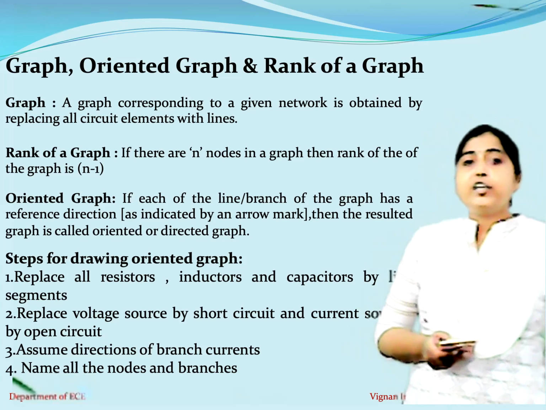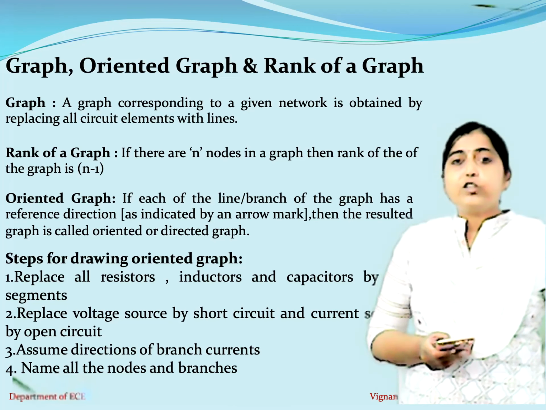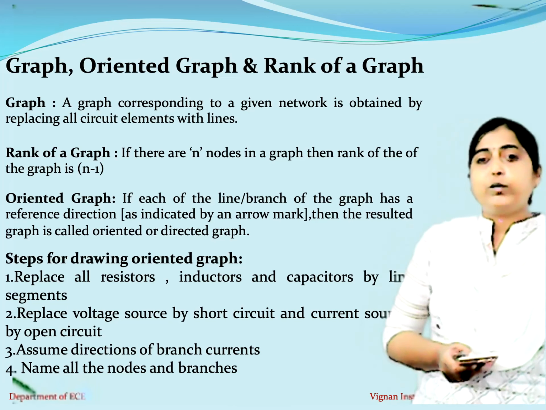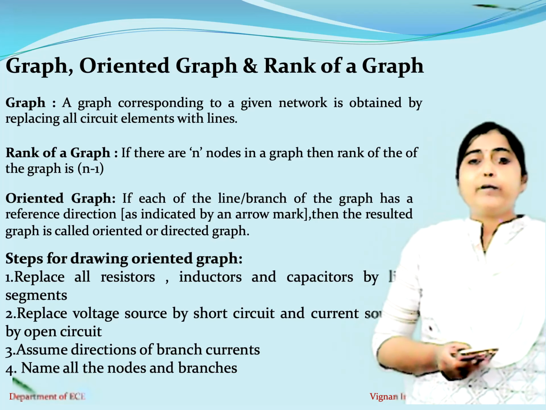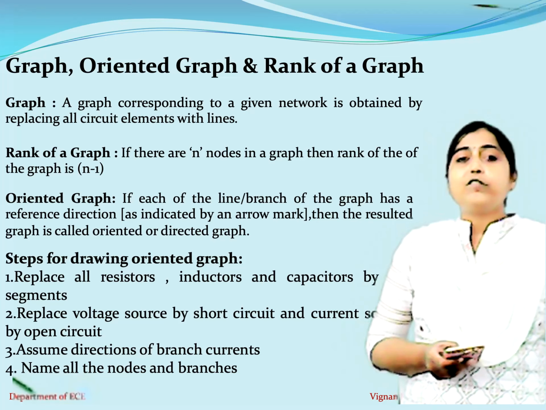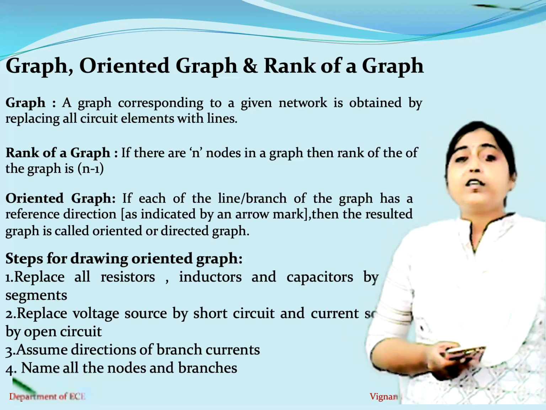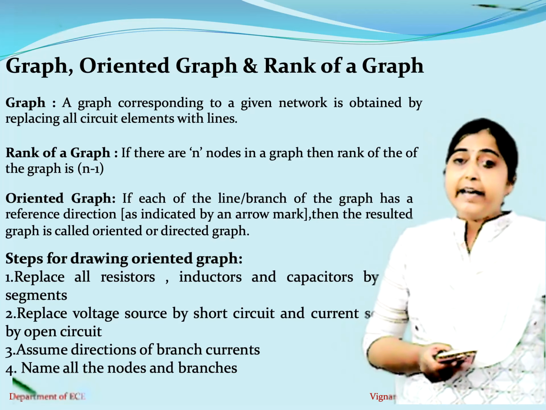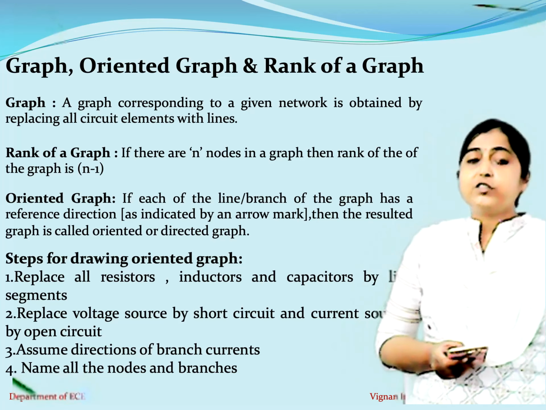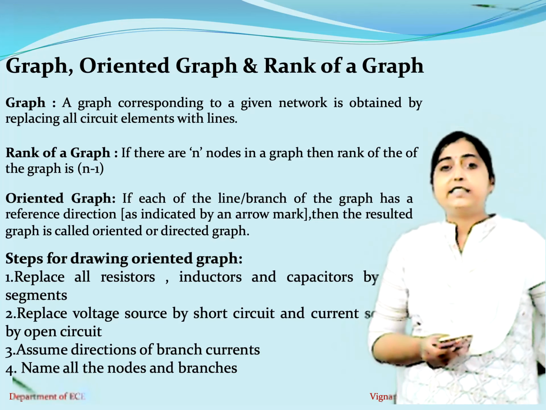As I already told you, once you start solving a network with the network topology concept, you cannot distinguish what type of elements are connected in the circuit till the end of solving the circuit. That is the first step which leads to a graph.